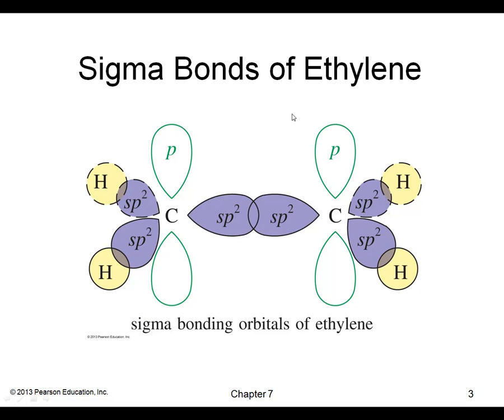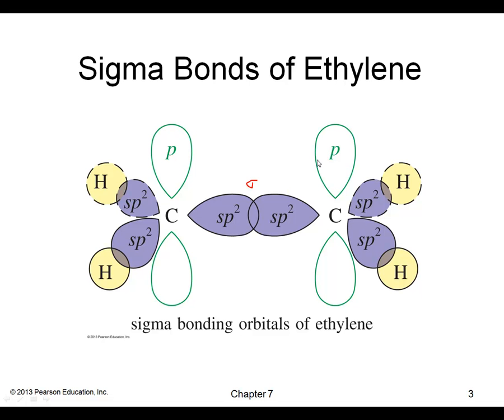Here if we look at ethylene, which is a carbon-carbon double bond with two hydrogens on each carbon, note that we have a single bond formed by two sp2s overlapping, and so this is a sigma bond. Then we have the two p orbitals that are overlapping.